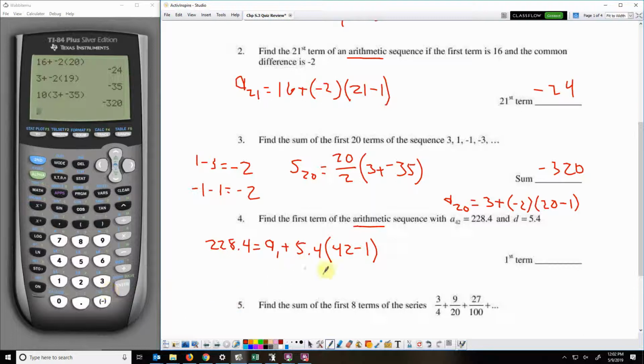So I can just subtract this entire quantity right here. So 228.4 minus 5.4 times 41. And I get that term number 1 has a value of 7.